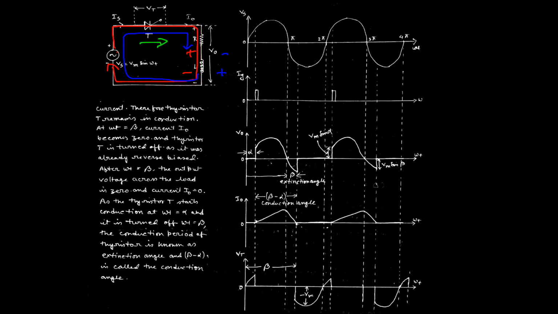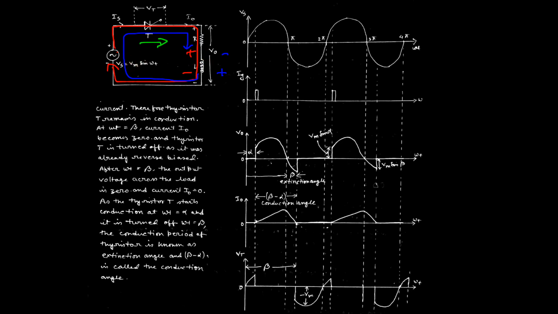So across the load the positive is the upper part and the negative is the lower part, and the direction of the current across the load is upward to downward. In this case the inductor has stored energy, and the polarity of the inductor is such that the upper part is positive and the lower part is negative, and the inductor has stored the maximum voltage up to the point of Vm.